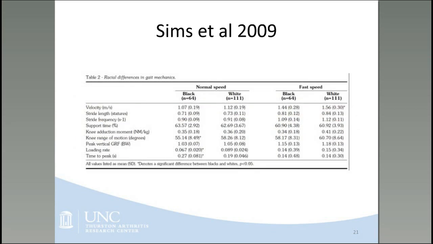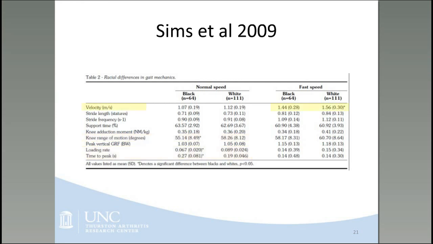Participants were asked to walk at a normal self-selected speed and a fast self-selected speed. So at normal speed, there were no significant differences in walking speed between the groups. However, African Americans had less range of motion at the knee, had slower limb loading speeds, and took a longer amount of time to reach peak vertical ground reaction force compared to Caucasians.